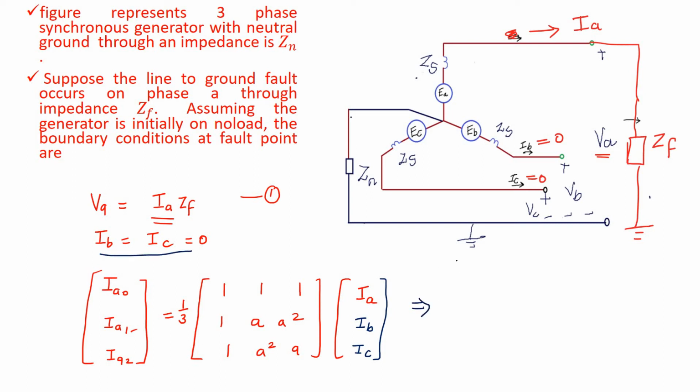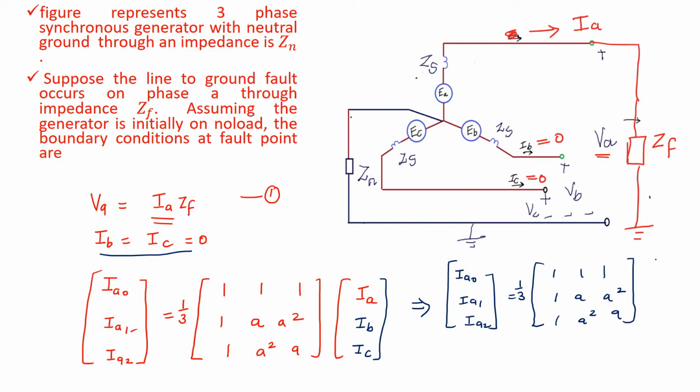So from this equation, once again I am going to write Ia0, Ia1, Ia2 equal to 1 by 3 of the matrix 1, 1, 1; 1, a, a square; 1, a square, a, into Ia, 0, 0, because Ib and Ic equal to 0.